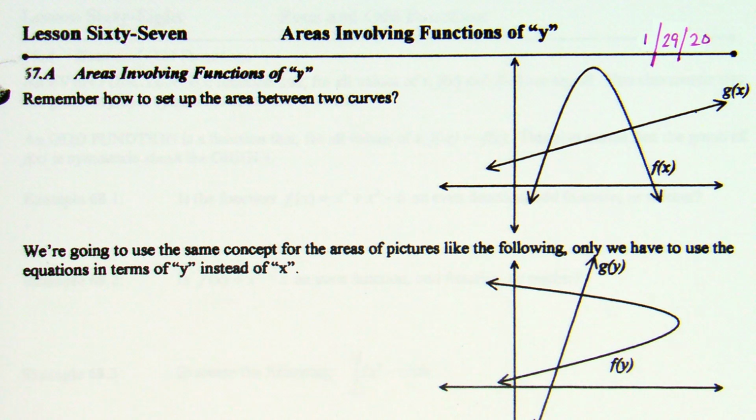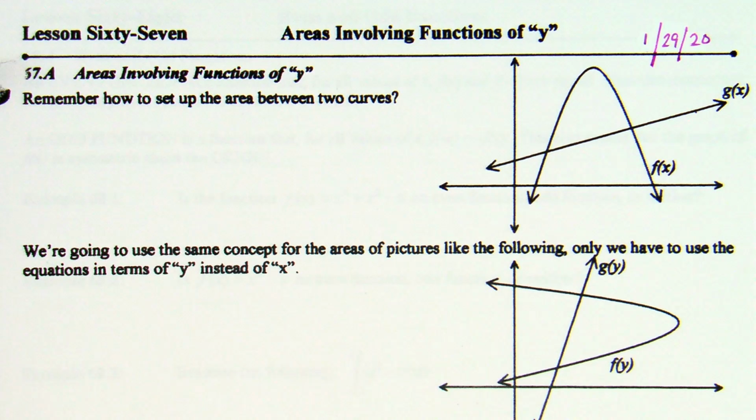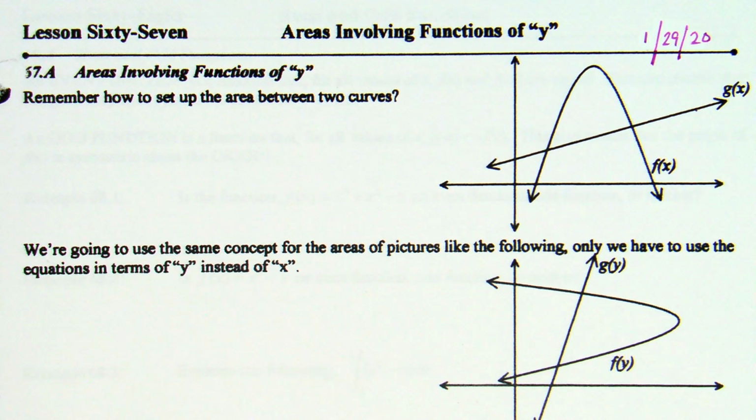So, review first. Okay, the problems we've done. If we're being asked to find the area between two curves, how do we find the area between these two curves, my f of x and g of x? Top minus bottom, right? So in this case, the top is f of x minus g of x, and it is the integral of that, right?